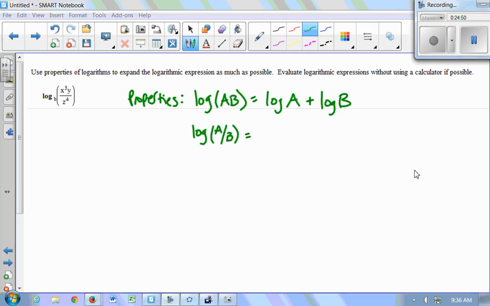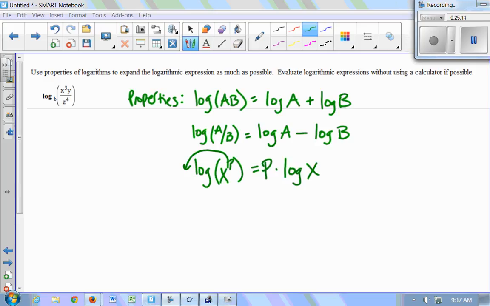I didn't mean to say property, I meant to say operation. Thanks. So this becomes log A minus log B. And if you have an exponent, log of x to the p, the property says that you can take that p, that's the power, and bring it down in front of the log. So this becomes p times log x.